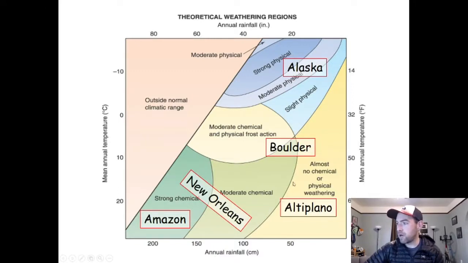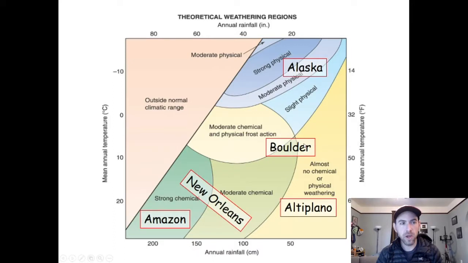Places like the Altiplano in South America receive very little annual rainfall, have relatively warm temperatures, but there's just nothing to promote the weathering processes, so you end up in regions where you have very little chemical and physical weathering. Whereas in the Amazon or New Orleans, you're probably in fairly strongly chemically weathering dominated regions. Okay.